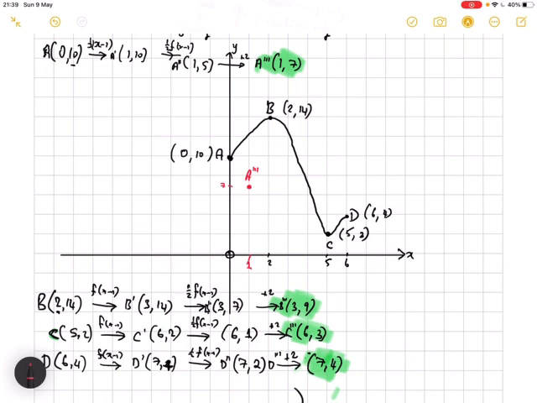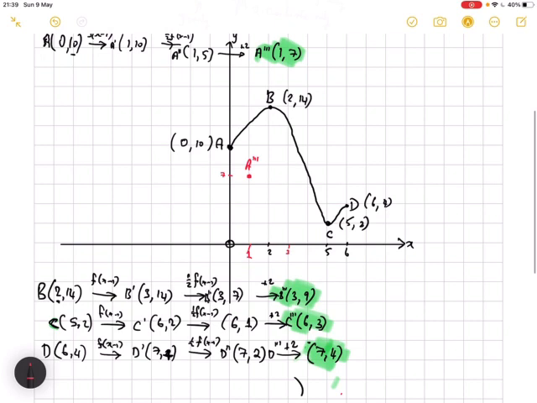B will be (3, 9), so 3 here, 9 here roughly. So it's only a sketch, so it doesn't have to be exact, it has to be close enough so that the examiner understands you understand what you're doing. C is (6, 3), so 6 here, 2, 4, 3 is here, so that'll be c''', (6, 3).